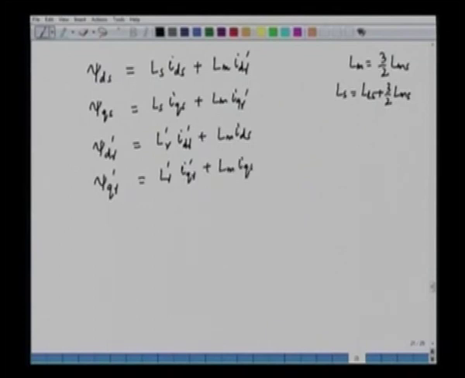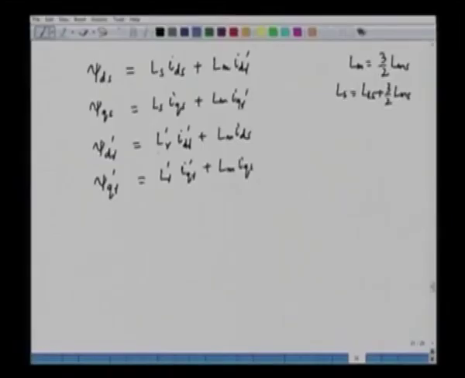Now here the air gap is uniform. In case of an induction machine, there is no saliency. The stator is cylindrical, the rotor is also a cylindrical structure. The air gap is absolutely constant throughout the periphery of the rotor, and hence the inductance for any given position of the rotor is constant. The rotor is rotating, no doubt, but the inductances of the D and Q axis are constant, and Lds equals Lqs due to the fact that there is no saliency in an induction machine.